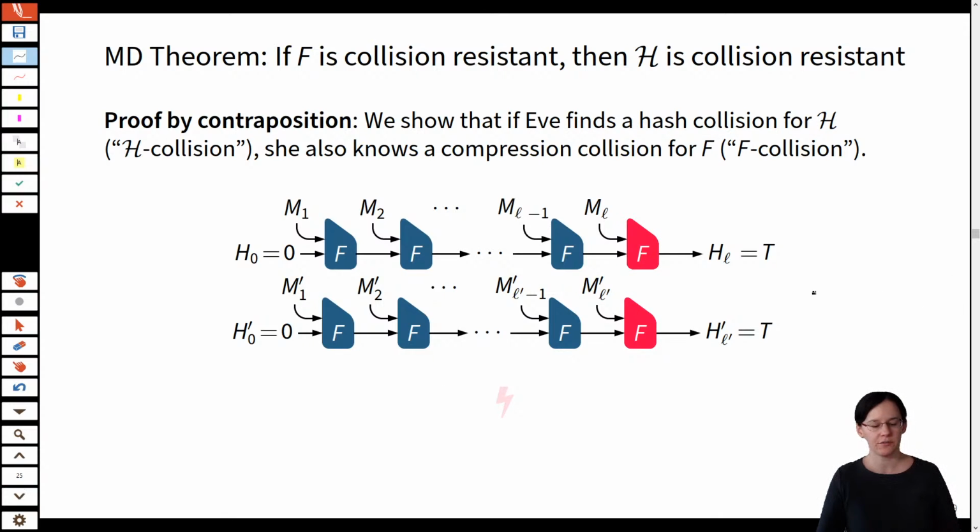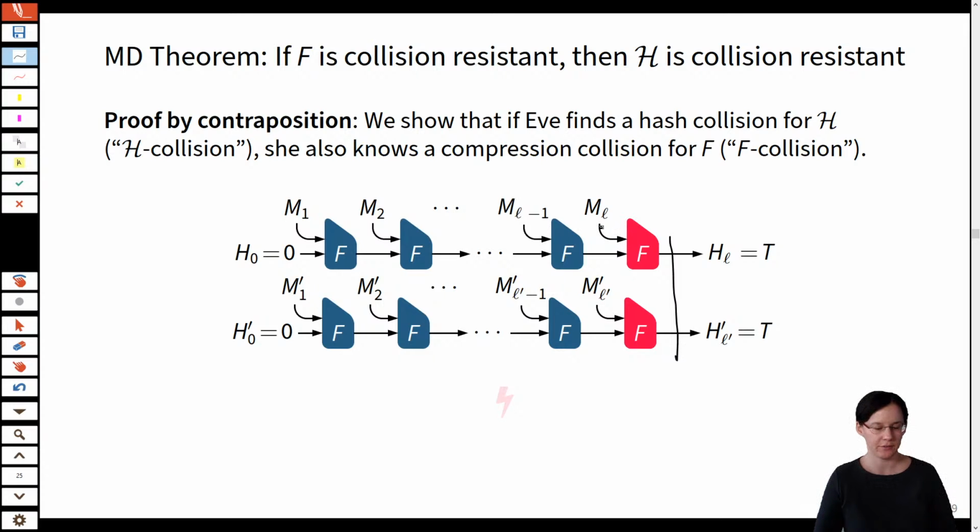So let's start from the back. What we know in the beginning is that the output of the two final compression function calls here is identical. Now, there are essentially two cases of why this can have happened. Let's first have a look at the length of the message. So let's first assume that the two different messages that led to a collision had a different length.